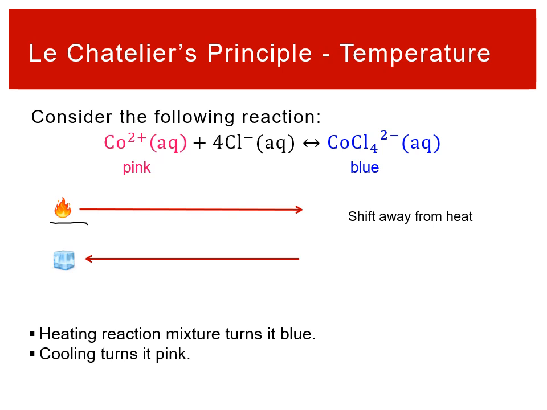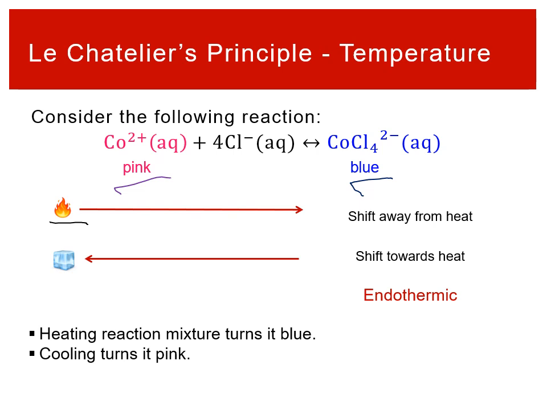Because heating up causes a shift to blue, where we see more of the products starting to form. So that means we've shifted away from the reactant side where the heat was. Cooling does the opposite, you're going to shift towards the heat, which would be these reactants. So that means heat is on the reactant side. So both of these consistently suggest heat is on the reactant side. This is an endothermic reaction.